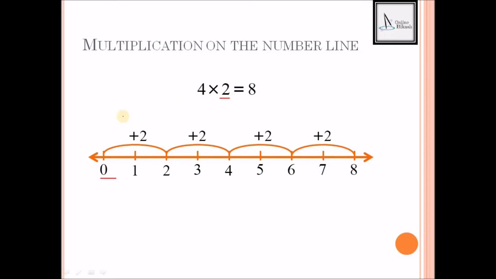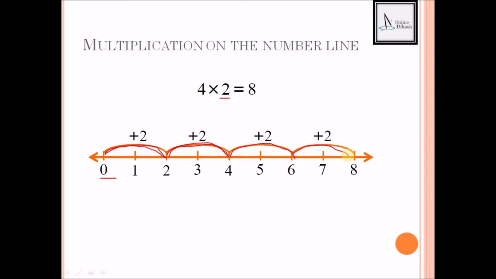This is 1 step. From here to here it is 1 step, and the length of our step is 2. How many steps are we going to take? 4. So this is 1 step, this is 2 steps, this is 3 steps, this is 4 steps.